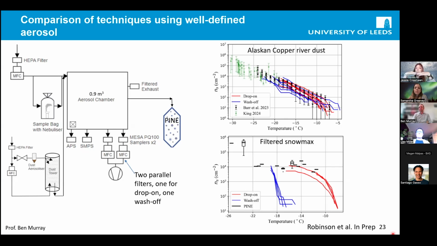Because the collection efficiency varies depending on the pore size for different filter types. Not much. We were guided by the literature on which pore size to choose, because we wanted to maximize the flow rates in the aircraft sampling because we need the sensitivity. We have very limited amount of time to sample. So we wanted to go to the maximum pore sizes we were happy with. So we used essentially the literature, but then compared our results with smaller pore size results as well.